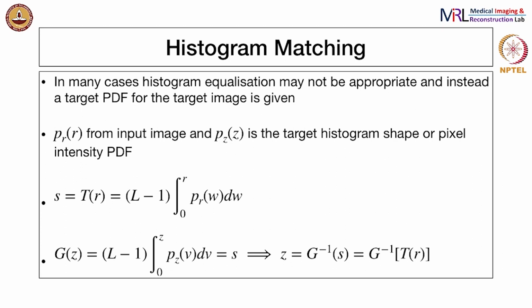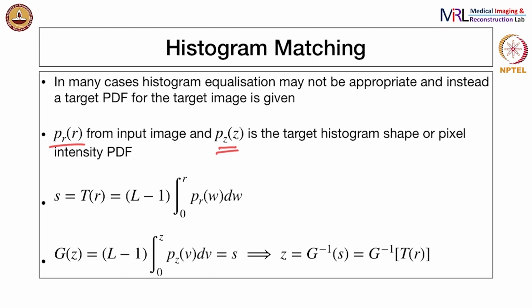Here we'll clarify notation once again. P subscript R is the input image distribution. We'll start from the continuous distribution, and then go to the case where the pixels are discrete and have discrete values. P subscript Z is the specified target histogram, or target histogram shape.